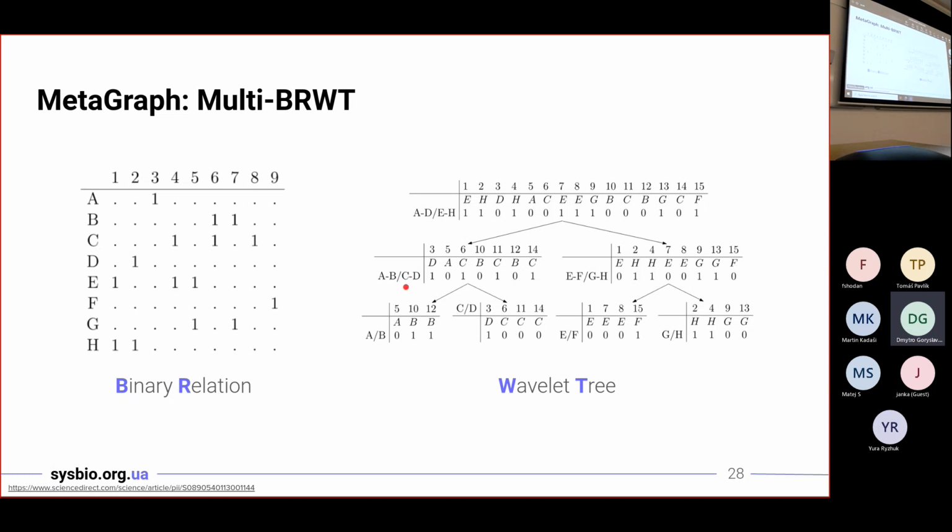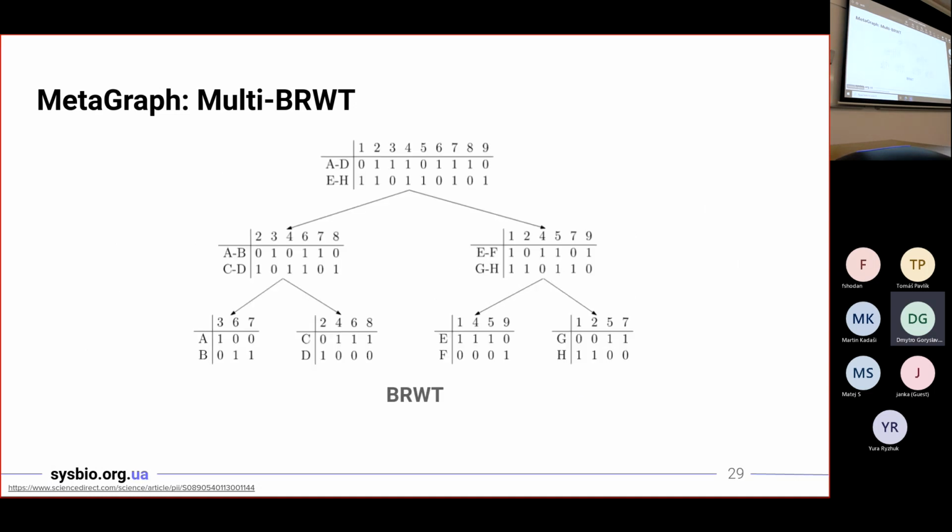So to encode the binary relation with a wavelet tree, there is a concept called BRWT. It's just binary relation wavelet tree, and it's very similar to the encoding of strings. Once again, if we have a binary relation, the alphabet is simply split into 2 parts, and the elements are sorted depending on which part they belong to.